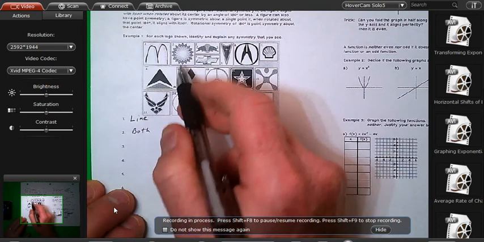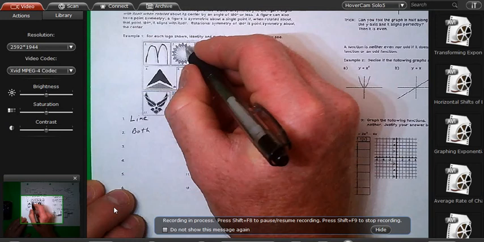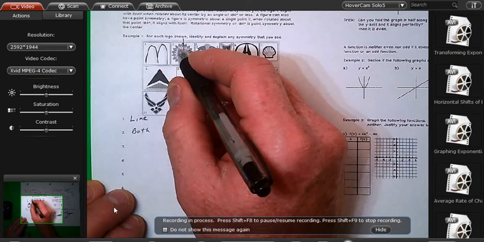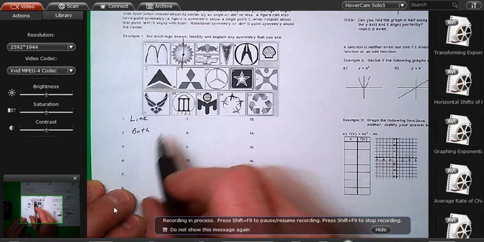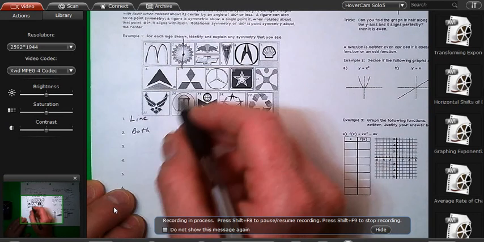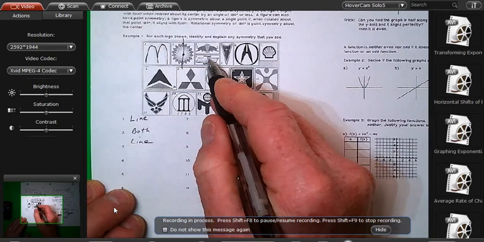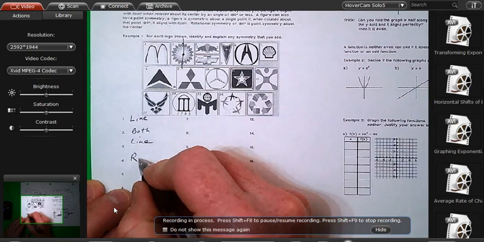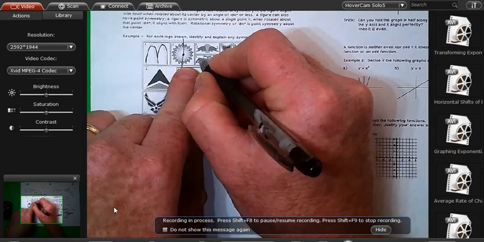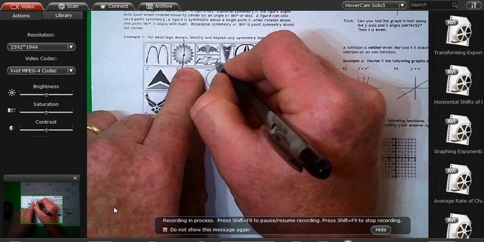If you rotate it, it rotates back onto itself. All right, what about 3? L for line. Good. What about number 4? B. Nope. R. Just R for rotational. It's only R because these are slanted. If you cut that in half and flip it onto itself, it's not going to match up perfectly.